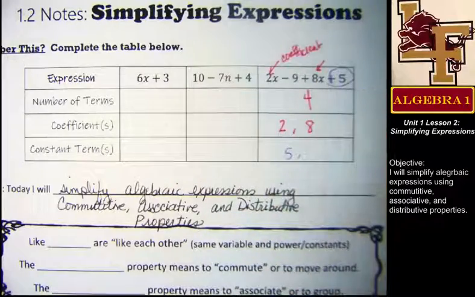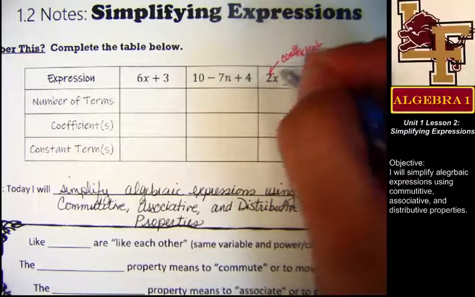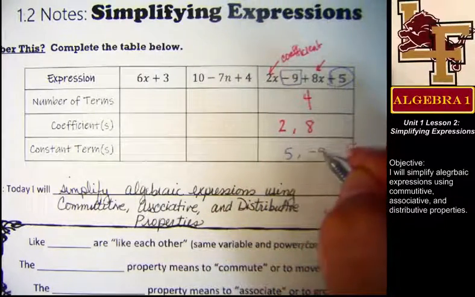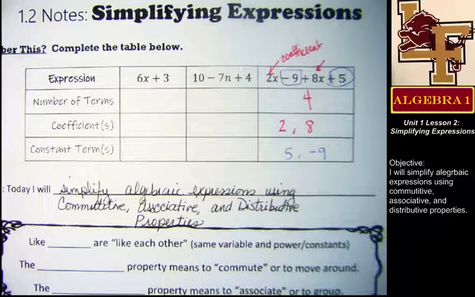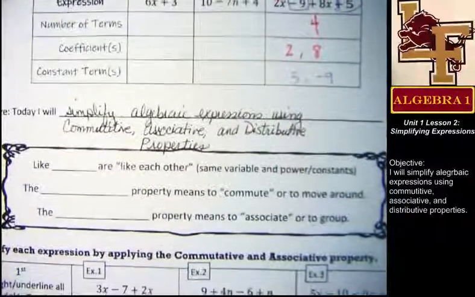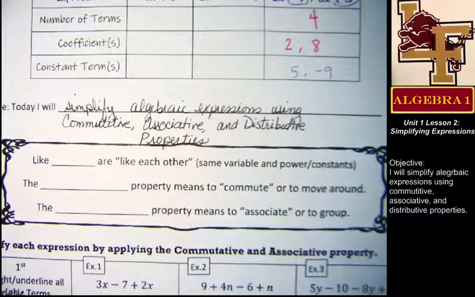Which other is constant? Take the negative with it. It's part of the term. Okay? I don't need to take the positive with the 5, because if I just say 5, we're going to assume it's positive. Okay? All right. Good job. Feeling comfortable with it? Yes. All right. Let's jump into our next set of notes.